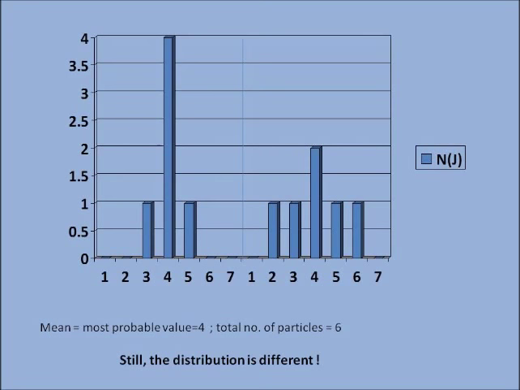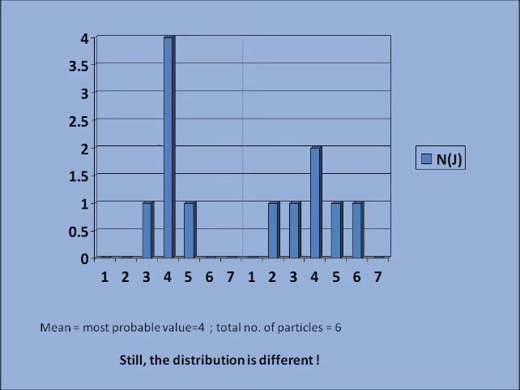Mean and most probable value is also the same in both cases, and that is 4. But still you can see the distribution is different, or we can say the spread of distribution is different.